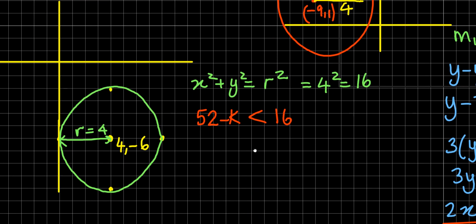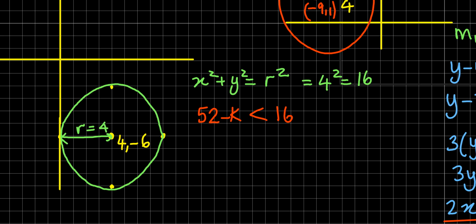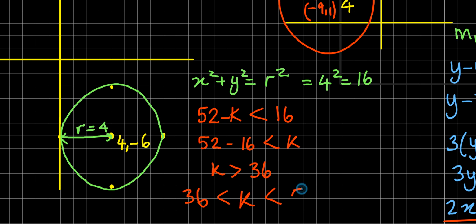Now we're going to solve that. 52 minus 16 is less than k. So k is bigger than 36, but it must also be less than 52.